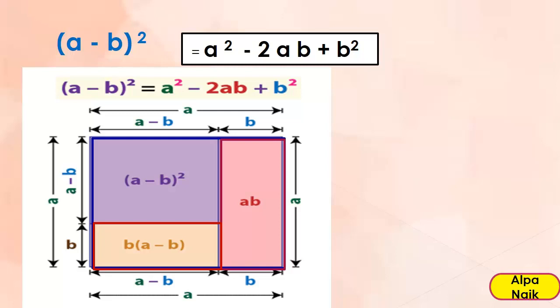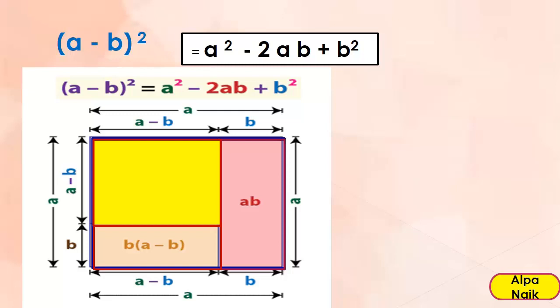So whatever the part is remaining, that is a - b. So if I want to find out the area of (a - b) the whole square, I will subtract the area of the rectangles, that is b into (a - b), from a square. On solving, I will get the answer a square minus 2ab plus b square.